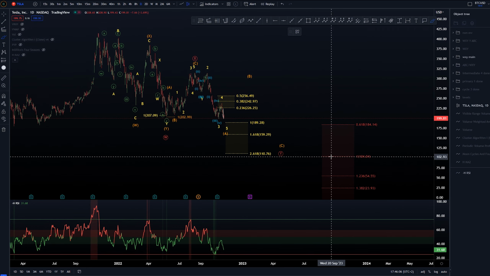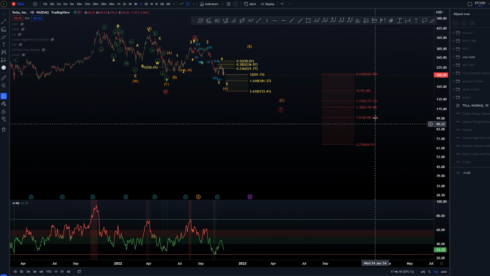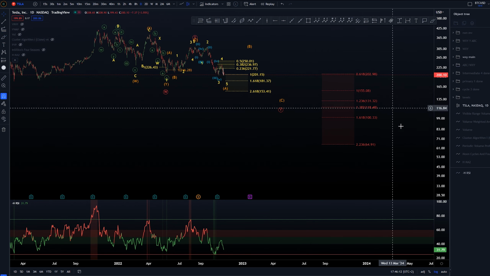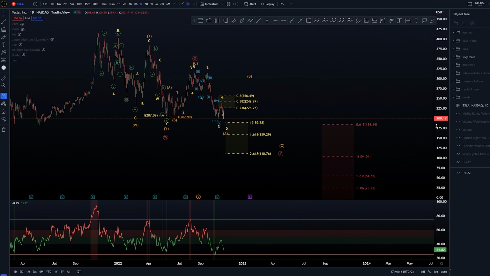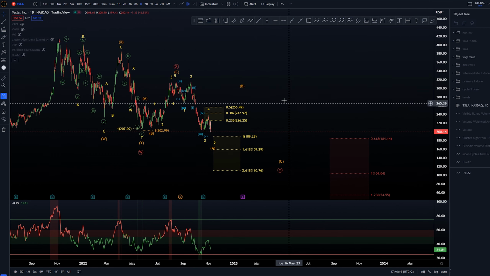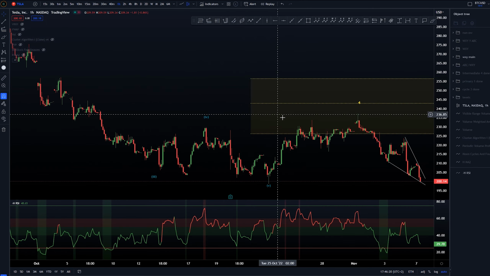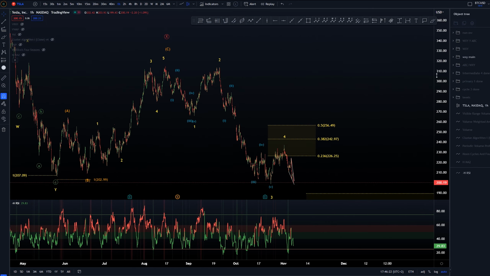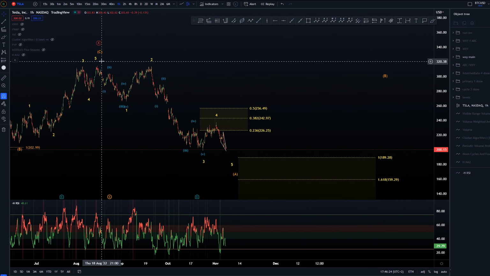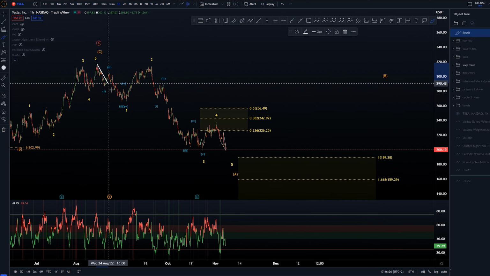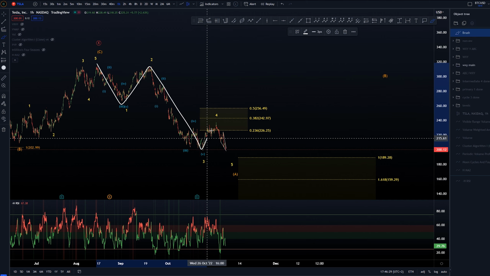Higher time frame targets would be all the way down here at $104 on arithmetic scale and $155 on logarithmic charts. If we are now looking at some of the targets on smaller time frames, let's go to the 1 hour time frame and look at this first potential leg of A. In this one, I've labeled this as a 1, 2, 3, 4, 5.